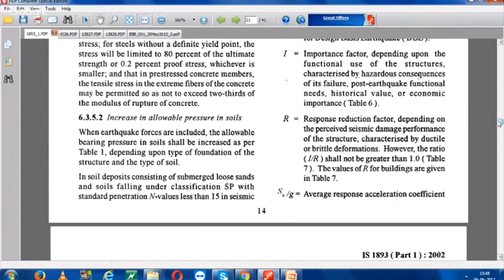That's why we reduce the forces, and this R factor is applied, because we are not designing earthquake proof buildings, we are designing earthquake resistant buildings. The IS code has given this reduction factor in table number 7, R factor.